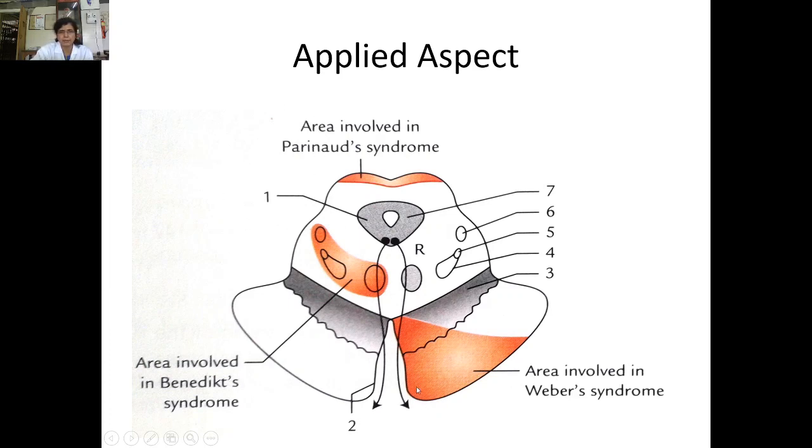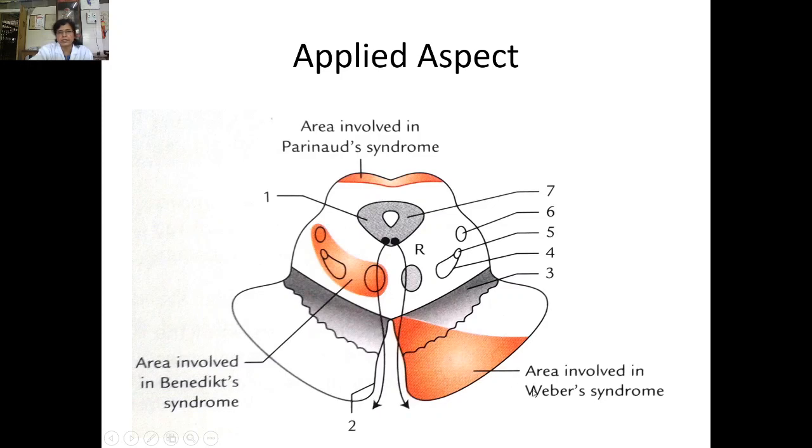In this diagram you can see the areas of the midbrain damaged in each syndrome. The area involved in Weber's syndrome is on the anterior aspect, mainly involving the crus cerebri and the oculomotor nerve.